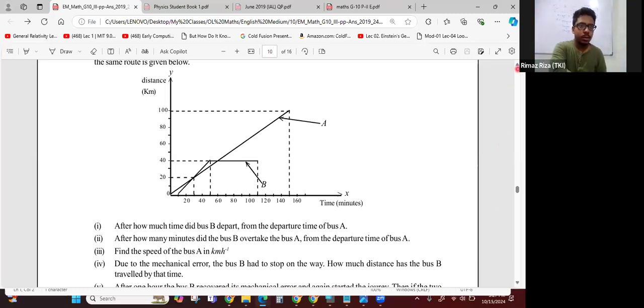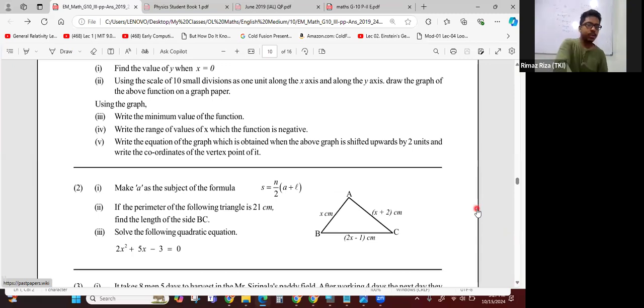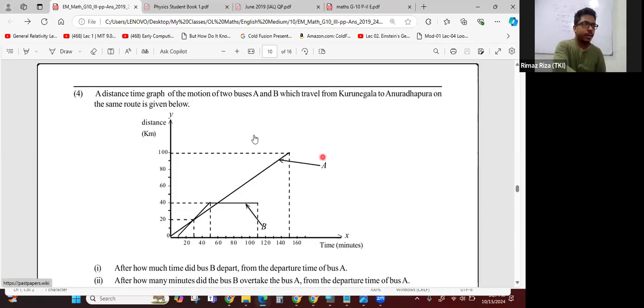So here bus A travels a total of 100 kilometers, but bus B 40 kilometers.